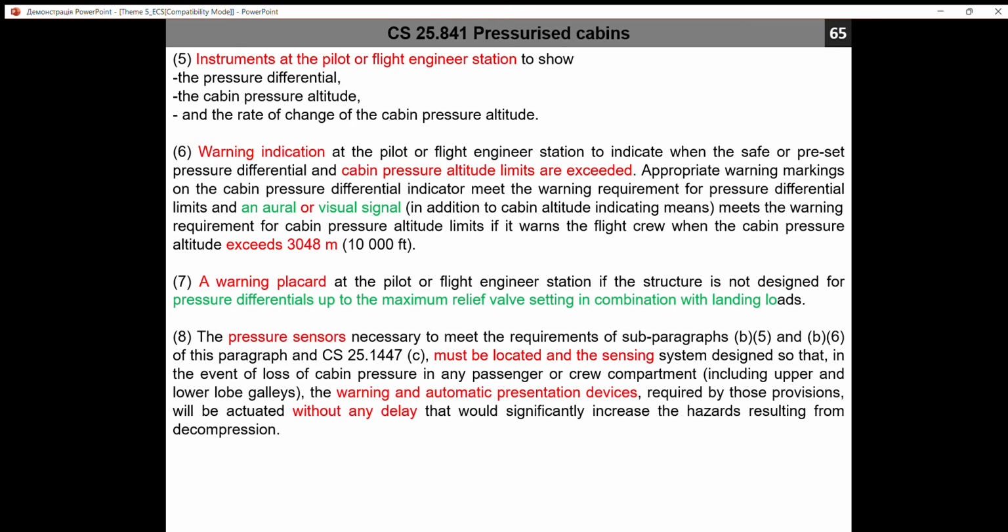So what we need to know is when we will exceed 3 kilometers, I mean when the pressure in the cabin will be less than the pressure at an altitude of 3 kilometers, so it gives us an aural or visual signal. Typically you may see a master caution light that announces possible problems.